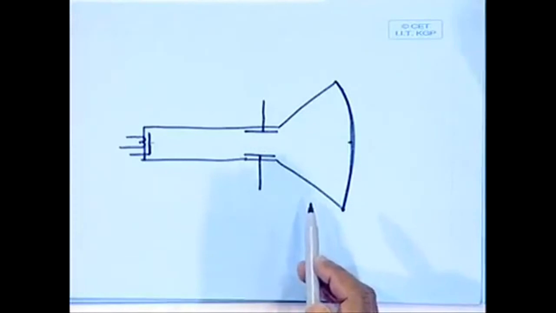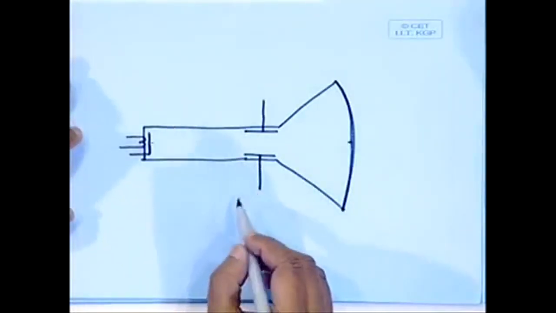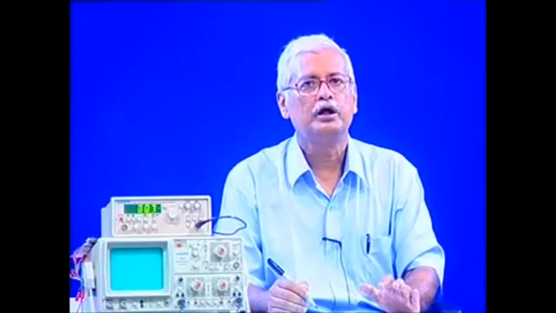Supposing that only the horizontal coils are existing. Using this horizontal coil, supposing I change the voltage from some negative voltage to positive voltage.